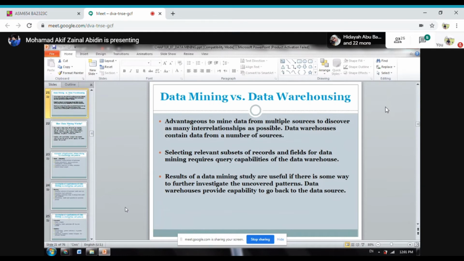Advantages: mine data from multiple sources to discover as many interrelationships as possible. You still remember in our class I showed you using Weka, we tried to run the data. What data did we use that day? Fish, right? We used the pencil data for classification. For that data we used several models, right?